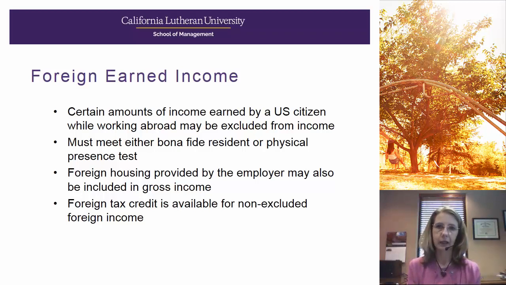So typically their earnings are going to be higher than the exclusion amount. When that happens, there is the possibility that the taxpayer can have a foreign earned income credit for the amount of foreign earned income that is taxed both in the U.S. and in the foreign country.